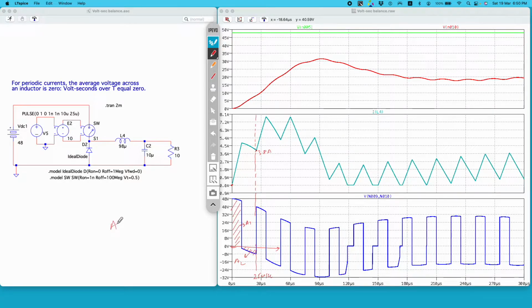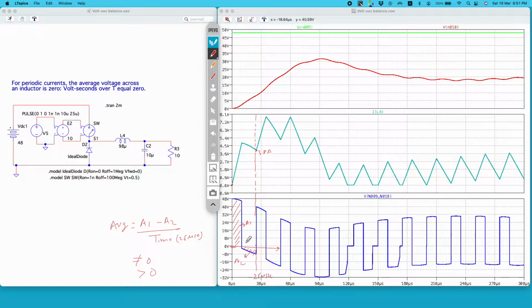So the average of the voltage in this particular switching interval is given by A1 minus A2 divided by the time base, which is 25 microsecond. Certainly A2 is very small compared to A1. We don't have to do the exact math. We can just observe that this area A2 is very small compared to A1. So the average is not equal to 0. It is certainly greater than 0.